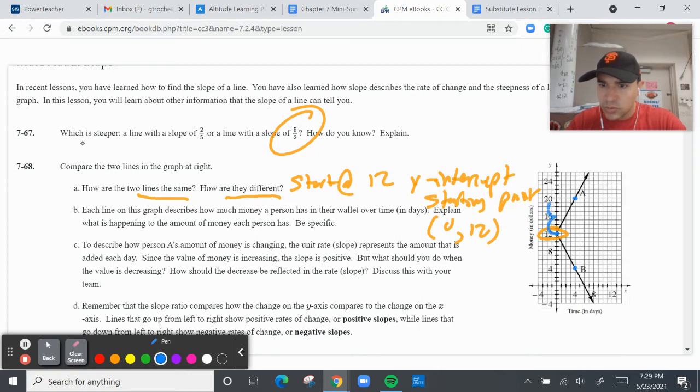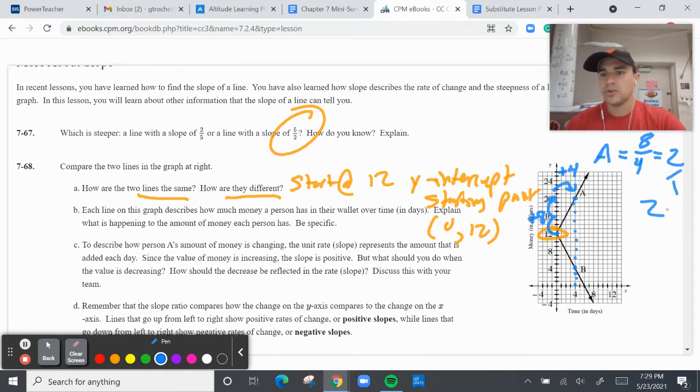So from 12 to 20, that's +8. And then it looks like I go over to the 4. Yeah. And then +4. So for line A, my slope is 8/4, which is 2, all right, or 2/1, whatever you want to put. But I prefer whole numbers myself.